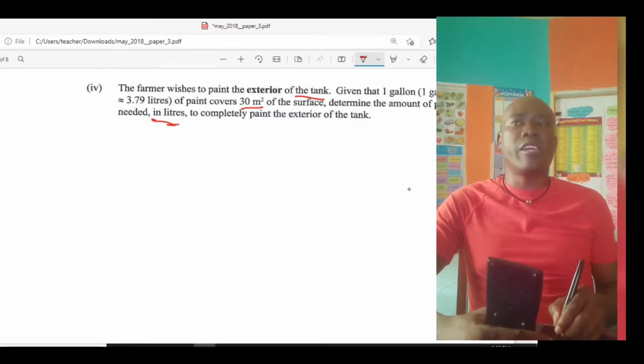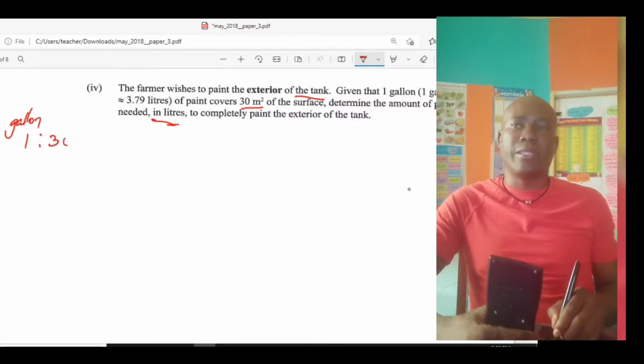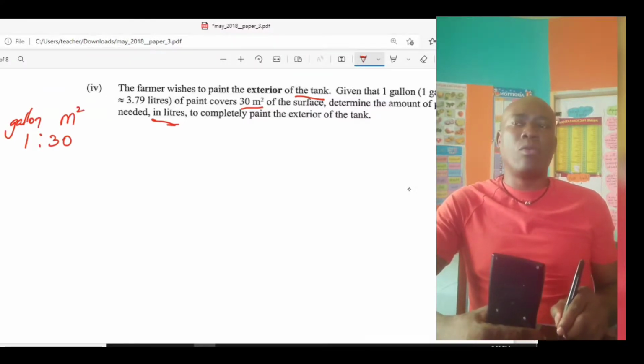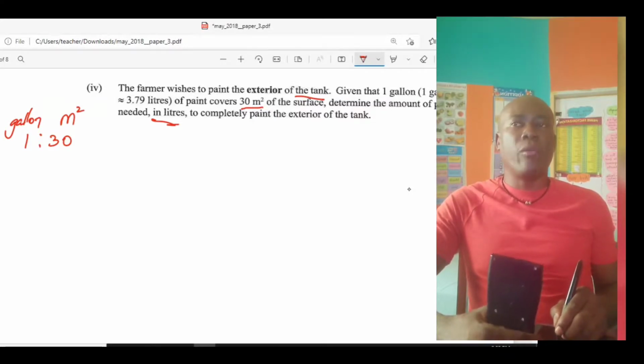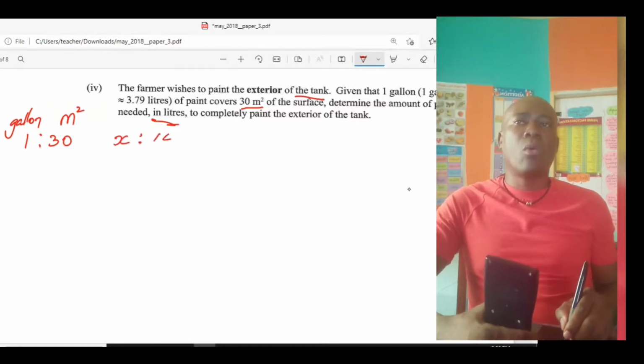We are noticing here that 1 gallon could give me 30 square meters. 1 gallon gives me 30 square meters right there. And now we want to know how many gallons would give us 140 of that.